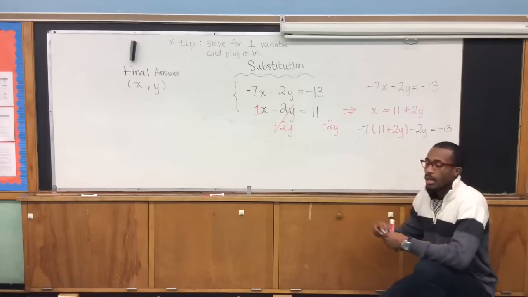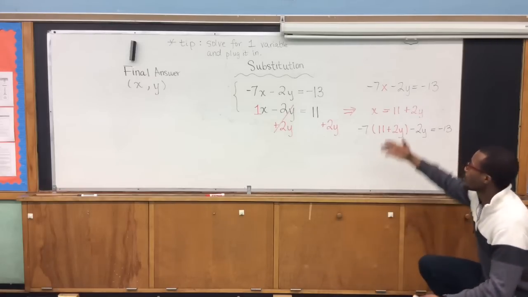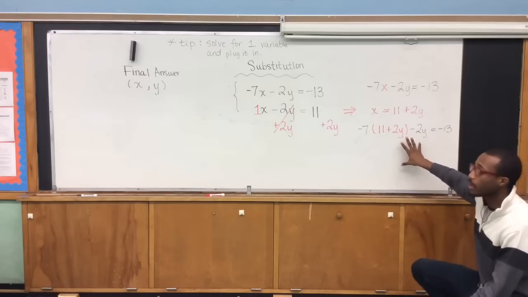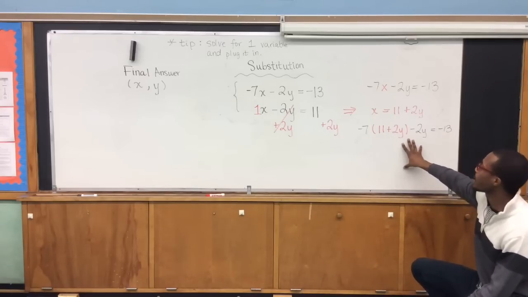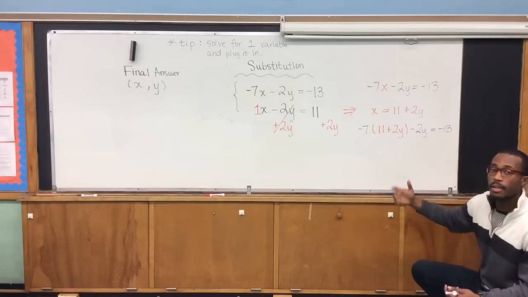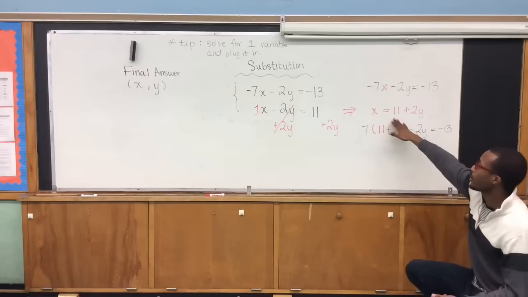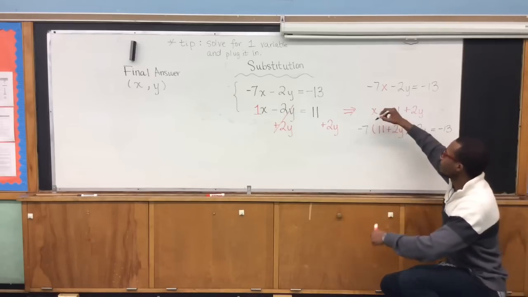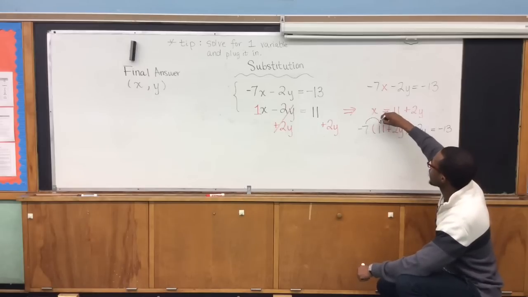From here, now all we have is y. We have the equation with only one variable, and we can just solve this equation for y. After we find y, we can plug that value into here to get our x value, all right?